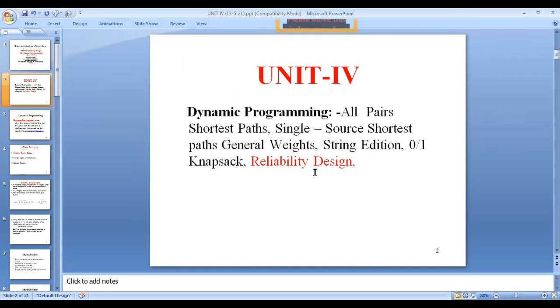So these are the topics. The last topic in our chapter, unit 4, is reliability design.